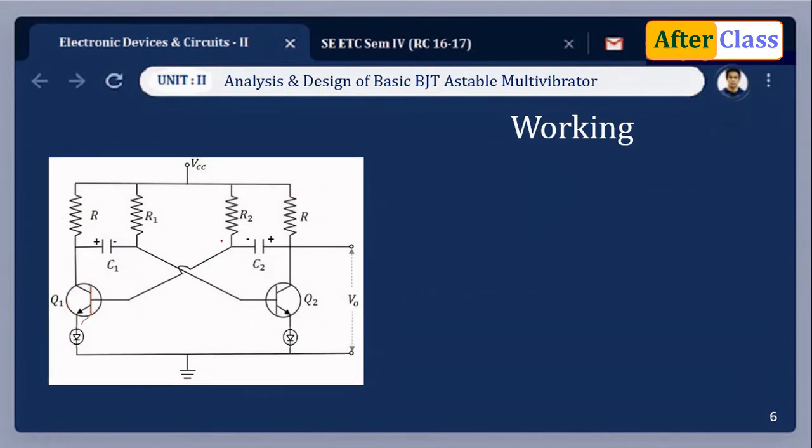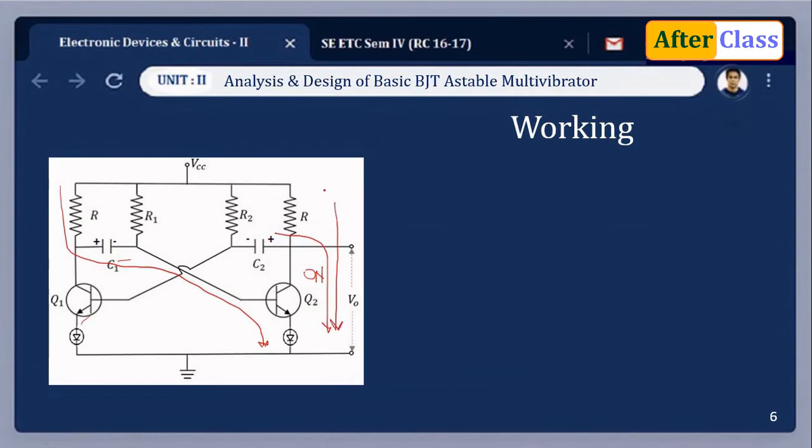From the previous understanding, when capacitor C1 charges to a value sufficient to provide a base emitter voltage of 0.7 to transistor Q2, this transistor Q2 is switched on and capacitor C2 starts discharging. So this capacitor C2 starts discharging and this capacitor starts charging for the state when transistor Q2 is on.